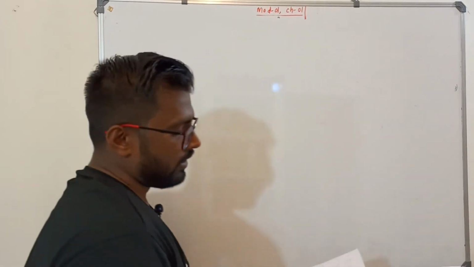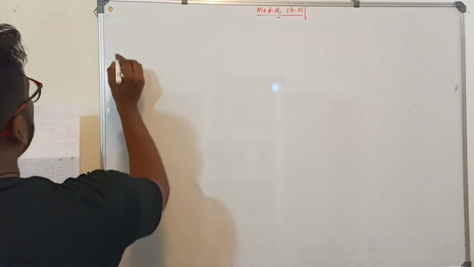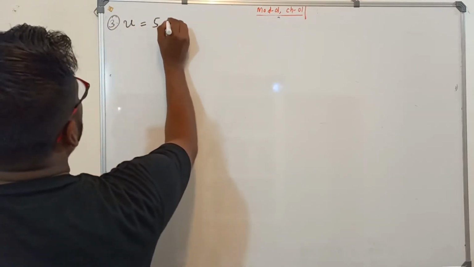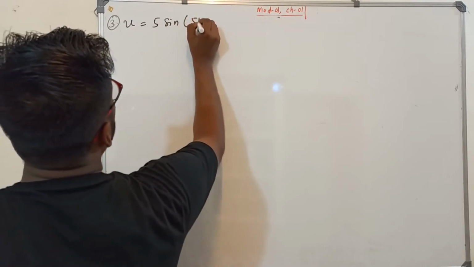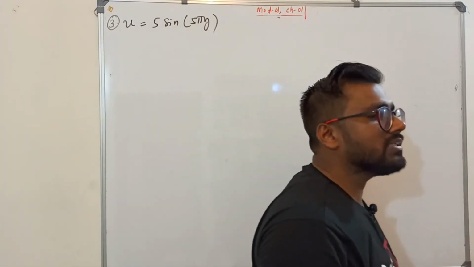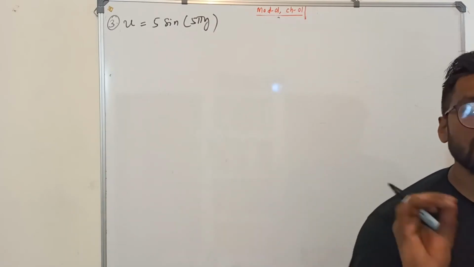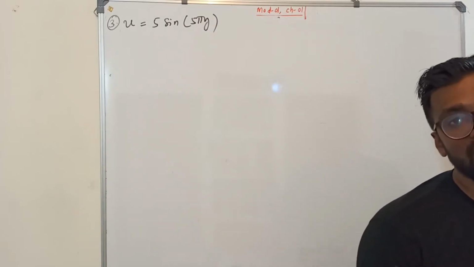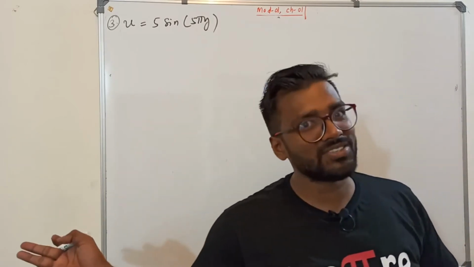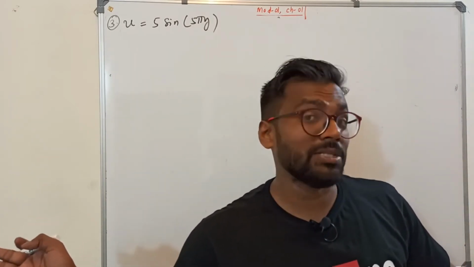Now let's go to our question number 3. See, question number 3 again gives the velocity distribution: u is equal to 5 sin 5 pi y. Don't expect that GATE will give you a very easy question. Questions are easy, but you have to know mathematics. Like 11th and 12th class students say, physics is fun unless mathematics arrives.